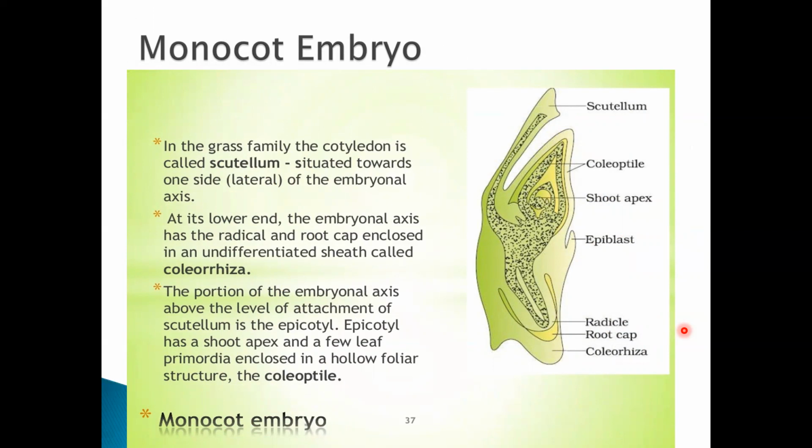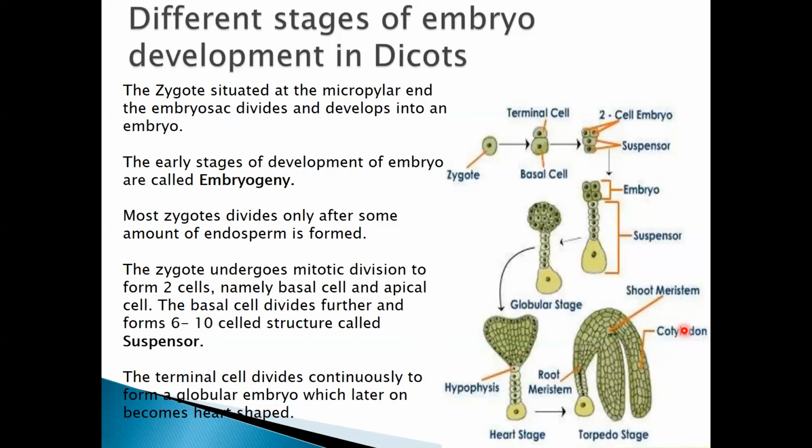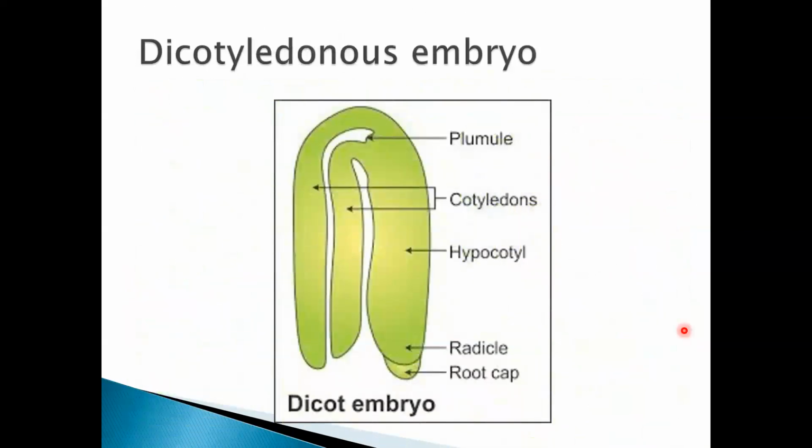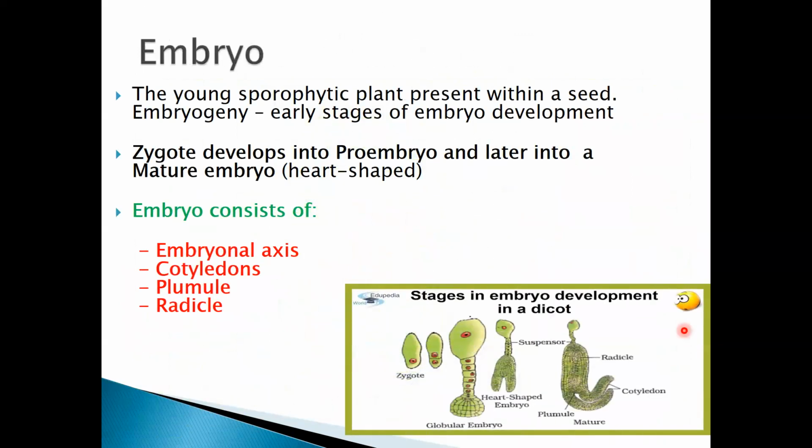Before we move on to the monocot embryo, let us first revise what we have studied today. The embryo is nothing but a young sporophytic plant, present within the seed, wrapped within a seed. Next is embryogeny.